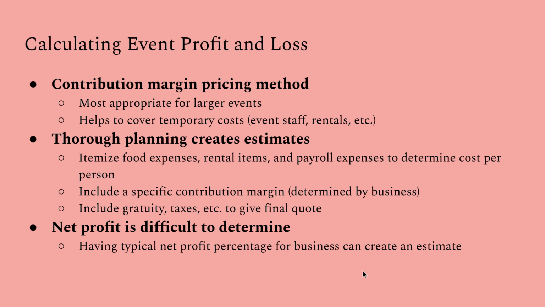Include that specific contribution margin, again, that is determined by the business, and then include gratuity, taxes, anything else to give the final quote. But even so, the net profit is still a little difficult to determine unless you have the typical net profit percentage for the business, and then you can create an estimate.